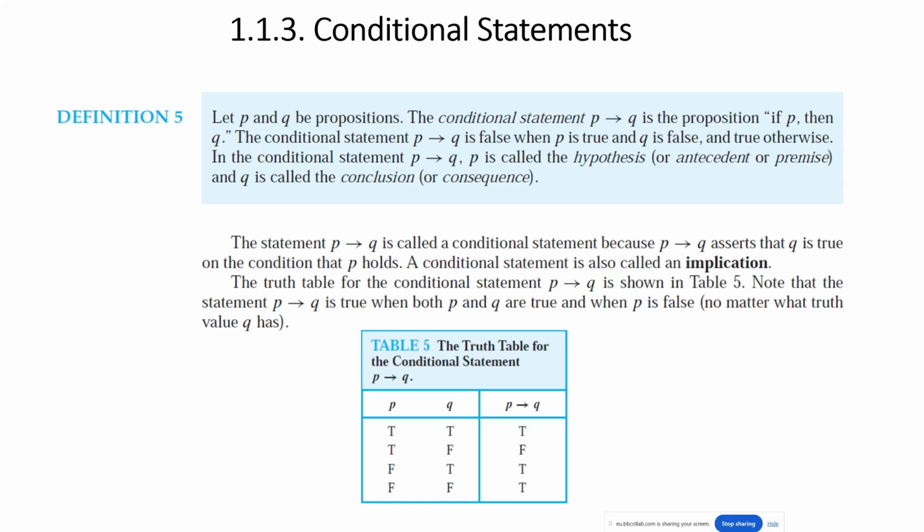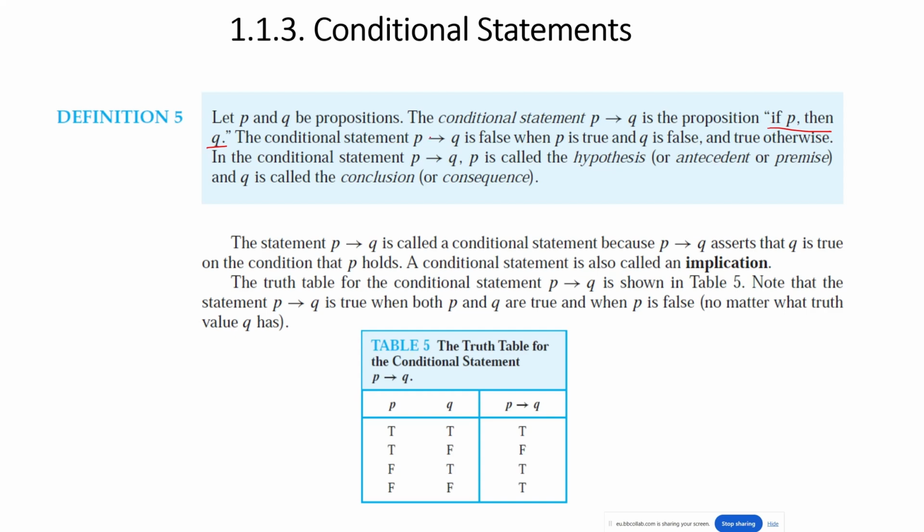This arrow over here means if P, then Q. But this is actually sometimes not easy to get, and I'll tell you why.